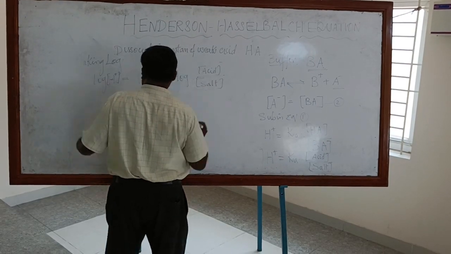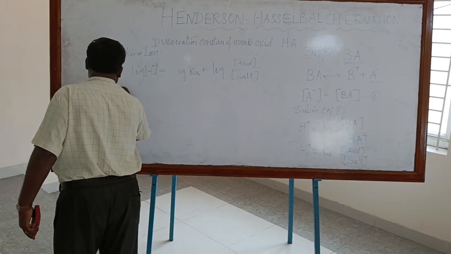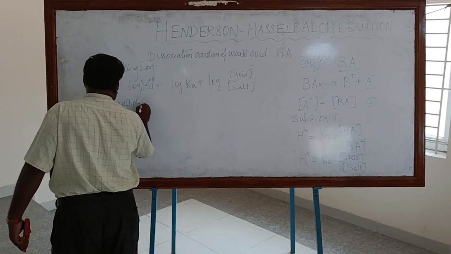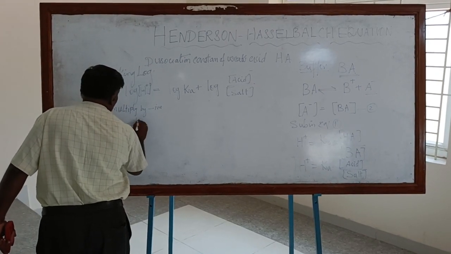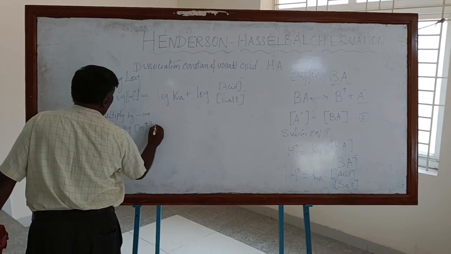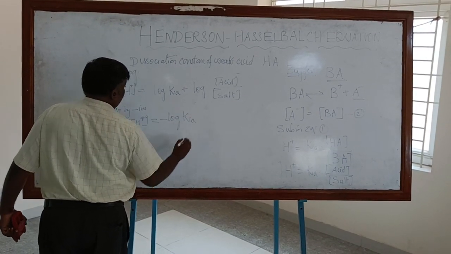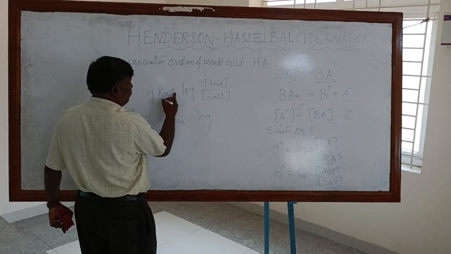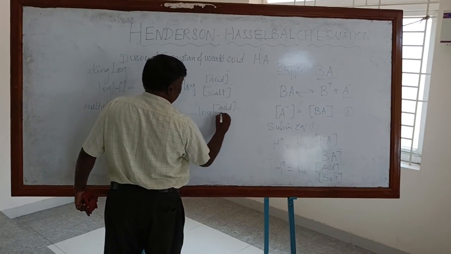So I just take log on both sides. Now I multiply by a negative sign throughout. So minus log H plus is equal to minus log Ka minus log acid by salt.